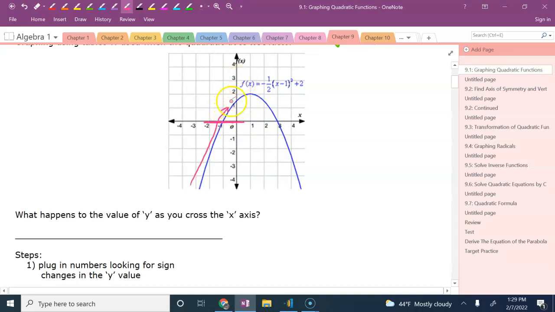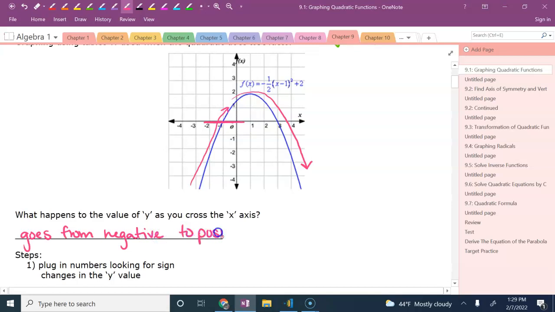If you were to go the other direction with it, you're going to start with some positive y values that then eventually turn to negative y values. So anytime it crosses the x-axis, your sign changes. So we can say that it goes from negative to positive.